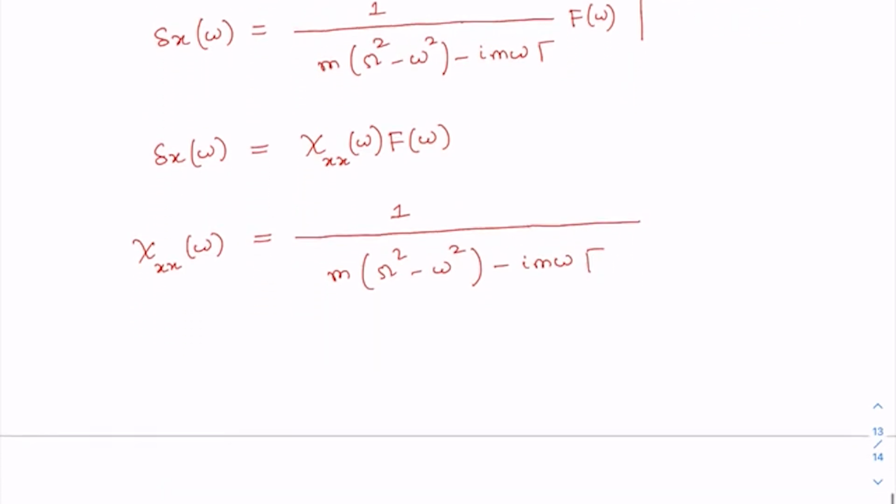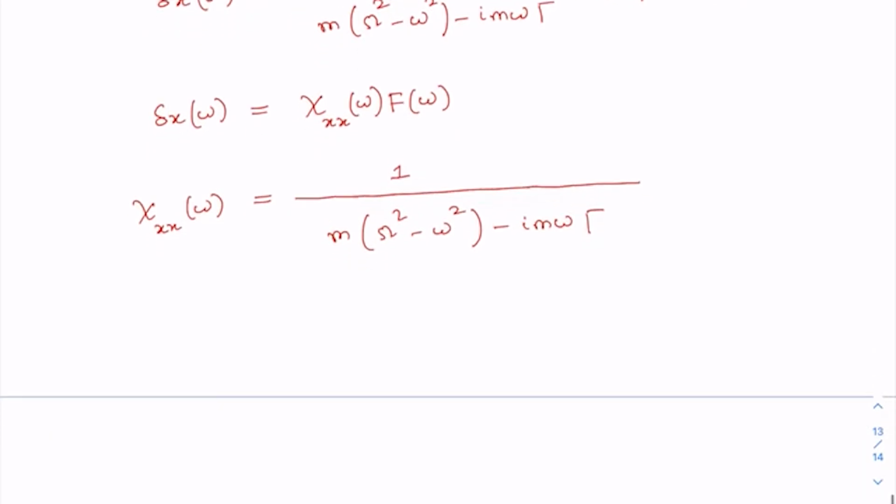This expression can be simplified, but before that, as you can see, this susceptibility is a complex quantity and it has a real part and an imaginary part. The imaginary part of the susceptibility is very straightforward to get.